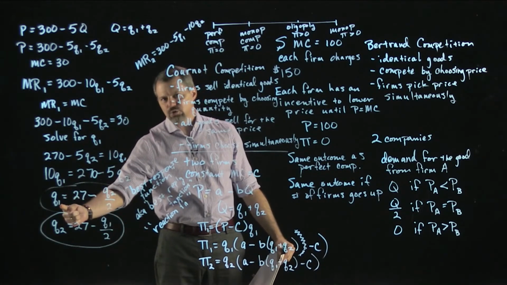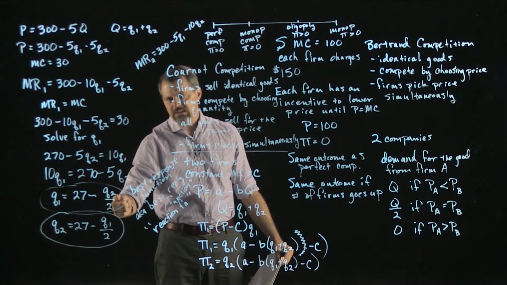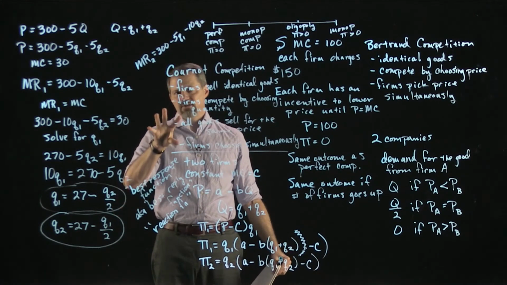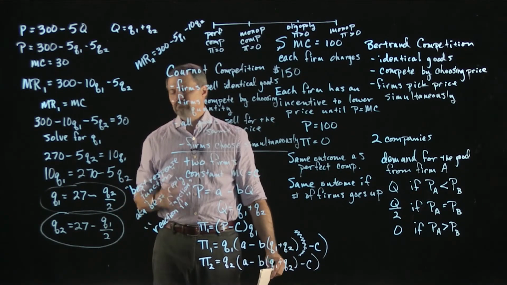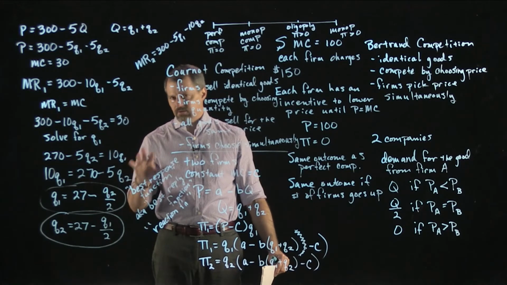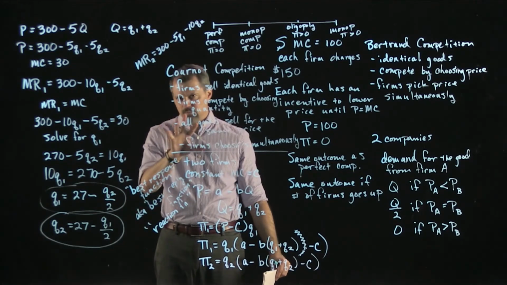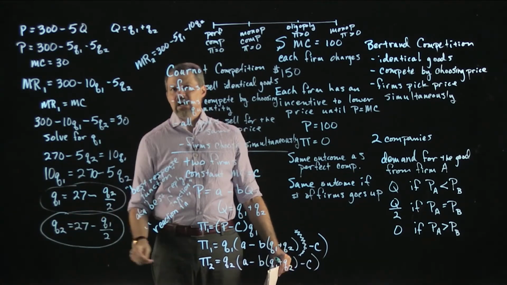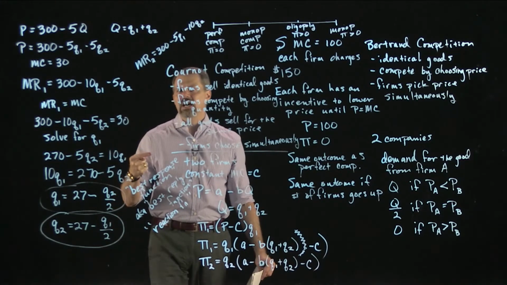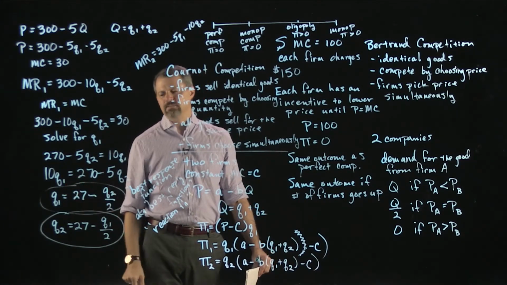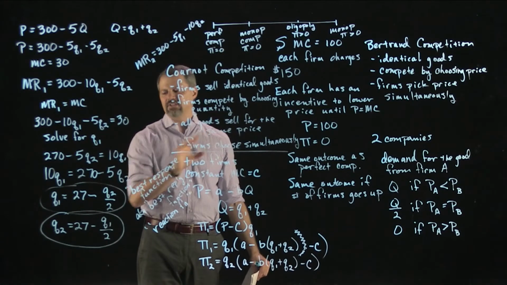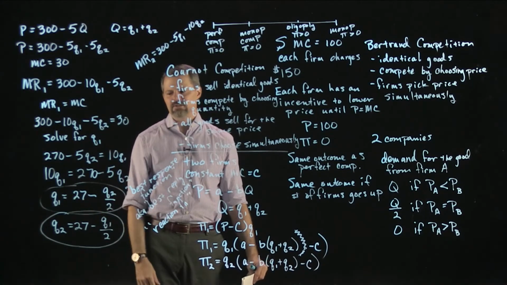We need to know what Q1 is and we need to know what Q2 is. Typically, there are some mathematical restrictions on that, but if you've got the same number of functions as you've got unknowns, then you can solve that system of equations. So what I need to do is clear this off and then we'll solve that and see what it looks like.